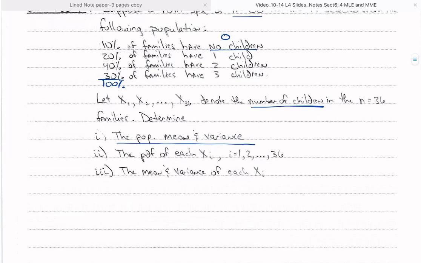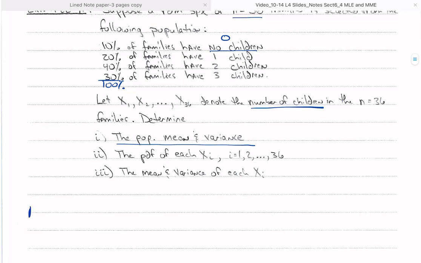Okay, so remember that the mean is equal to the expected value of, in this case, x, which is going to be, since it's discrete, the sum of little x times f of x. Now, what is f of x? So I can put x and f of x.